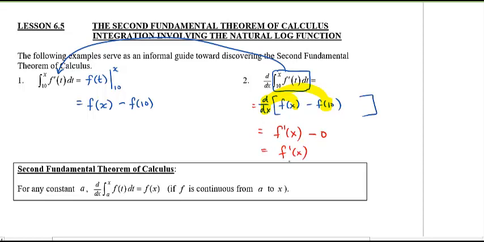So that's pretty much what I had when I started, except I replaced the t with now the variable x. And so this is what the second fundamental theorem of calculus says.